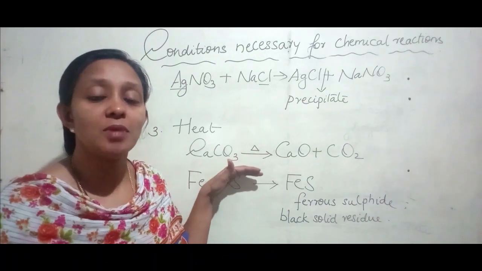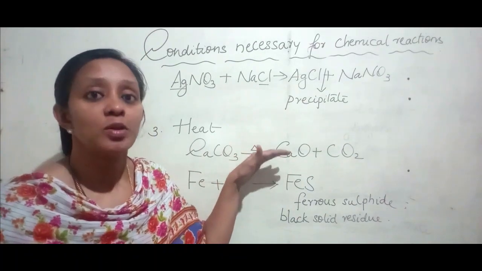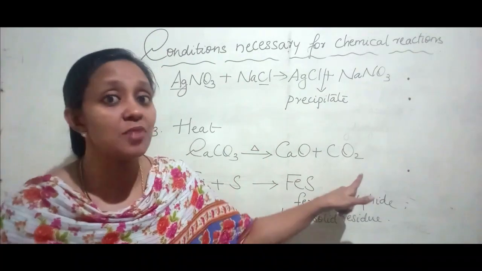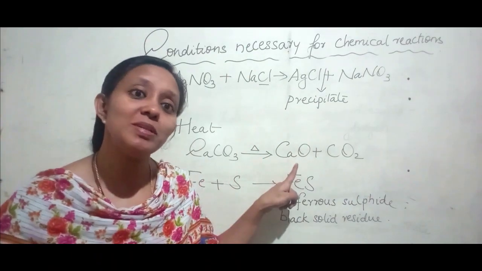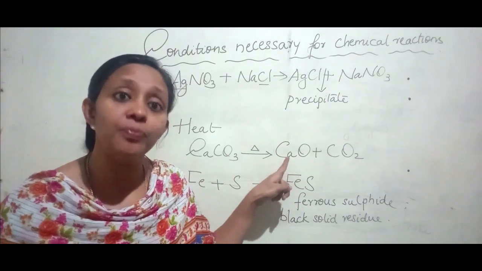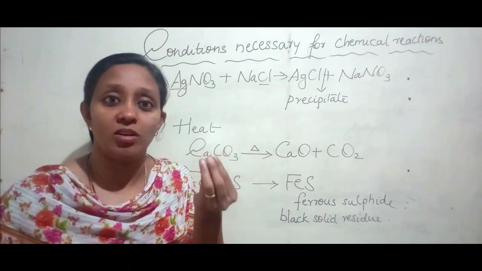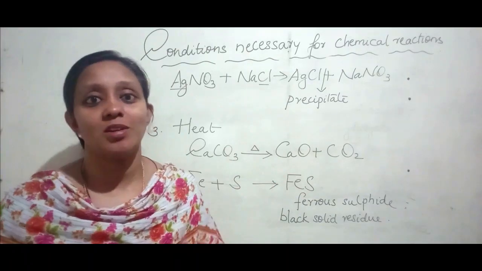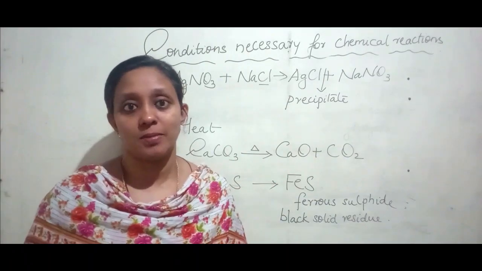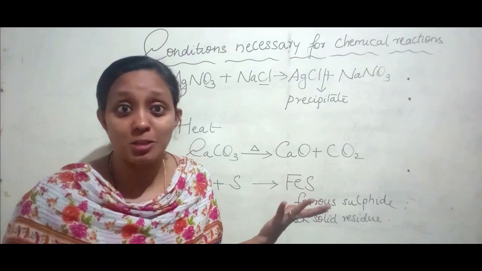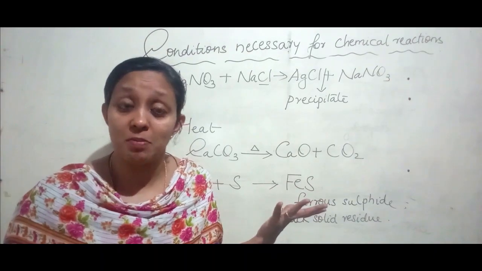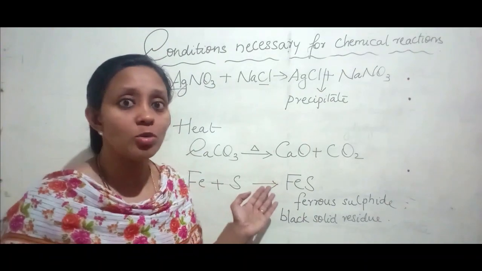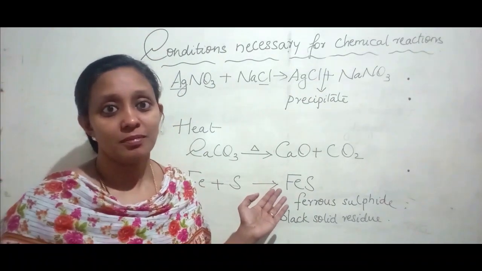Okay, so calcium carbonate, on heating, you can see the evolution of a colorless, odorless gas, and that is carbon dioxide. And what will be seen as a residue in the test tube? Again, a white colored solid will be left behind, and that is calcium oxide. Calcium oxide is also a white colored substance. Here there is no precipitate. How will a precipitate be formed, children? When two solutions are mixed together. Here we are not using any solution, isn't it?